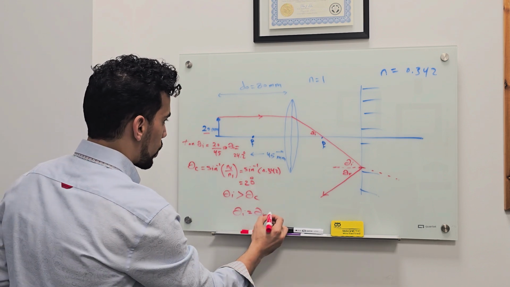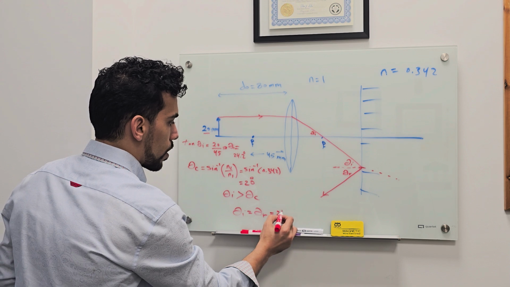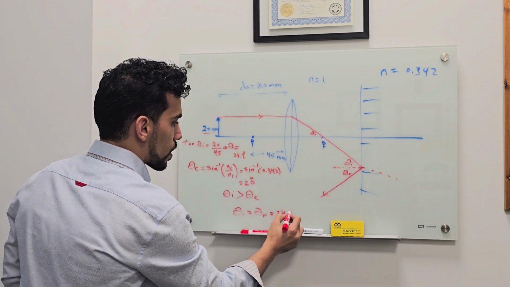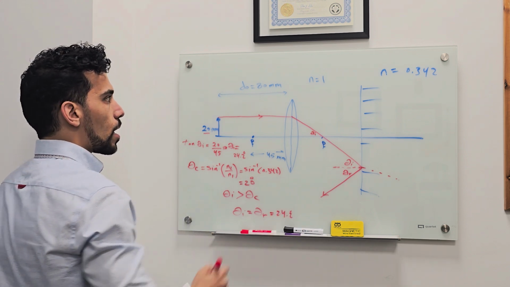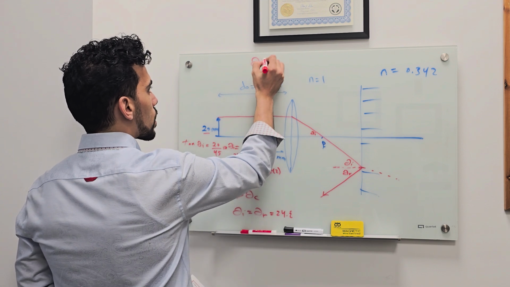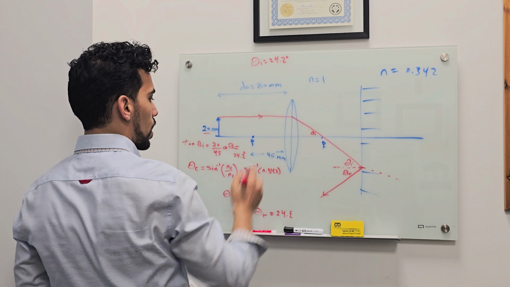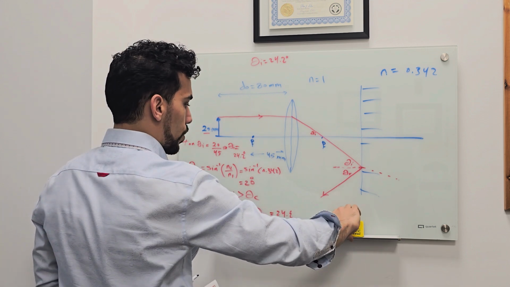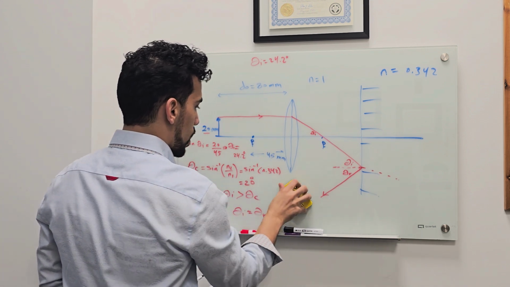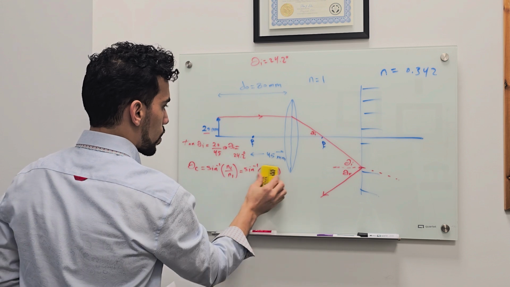Okay, and all of this is equal to 24.2 degrees. So let's write here that theta incident is equal to 24.2 degrees, and let's continue our analysis. So we are going to remove this part, sorry.